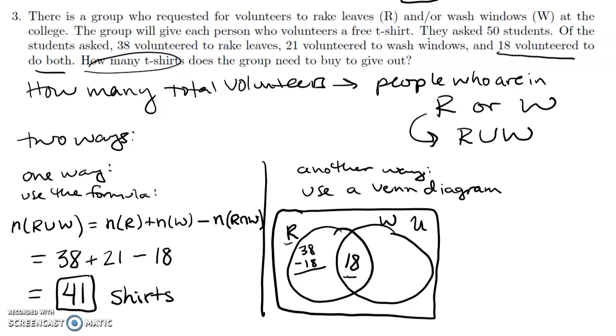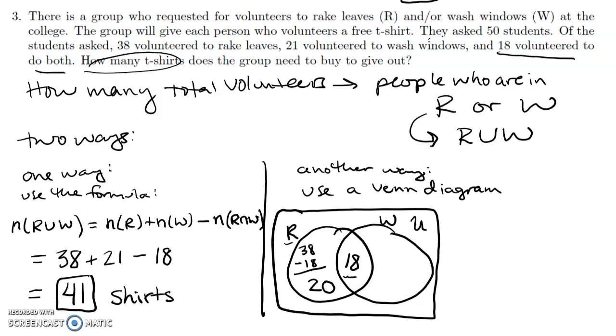So if I take away the 18 from 38, I'm only left with 20. And those 20 people are the people who only raked leaves. So they only volunteered for that task and not washing windows. So notice 20 and 18 together make the total of 38.